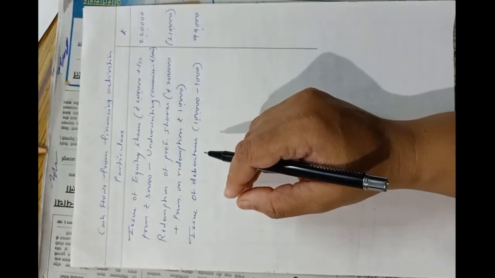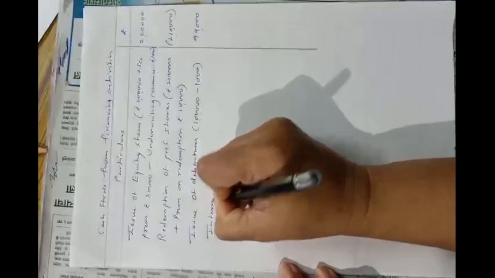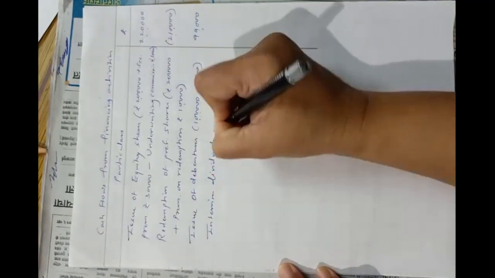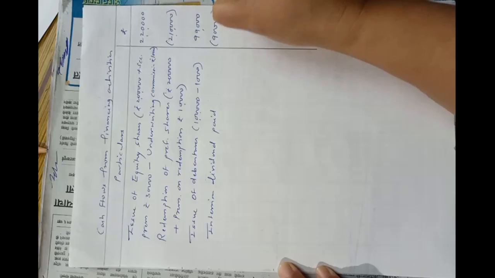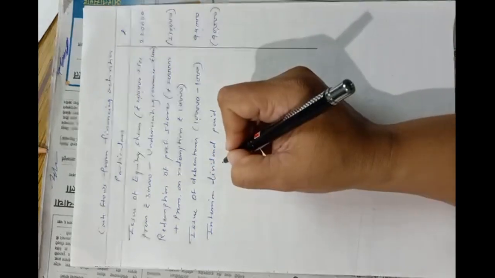Interim dividend paid on equity shares is rupees 90,000. So interim dividend paid is negative 90,000 as we are paying the amount. Then dividend paid on preference shares, rupees 24,000.